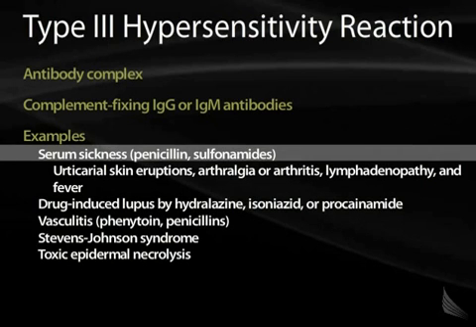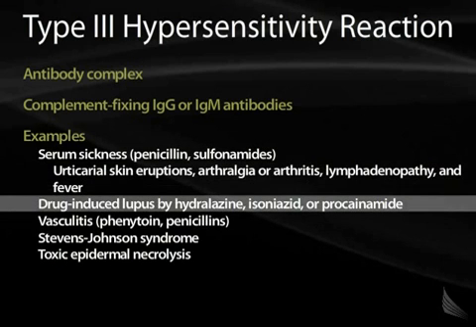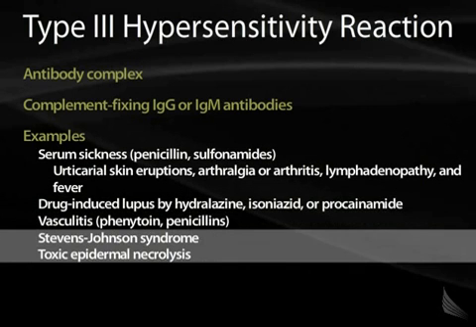This is described by urticarial skin eruptions, arthralgias, arthritis, lymphadenopathy, and fever. Drug-induced lupus erythematosus is an example of type 3 hypersensitivity, as well as certain vasculitides. And it's thought that Stevens-Johnson syndrome and toxic epidermal necrolysis are type 3 hypersensitivity reactions.